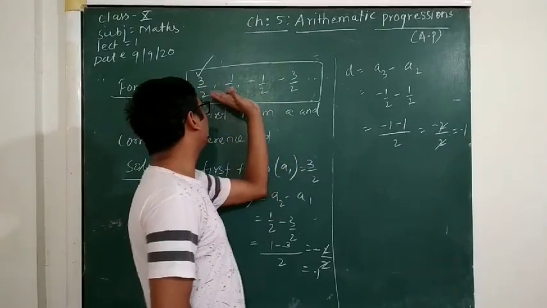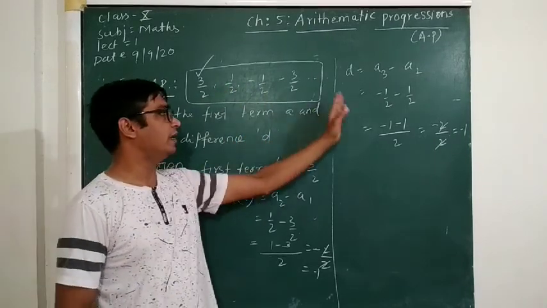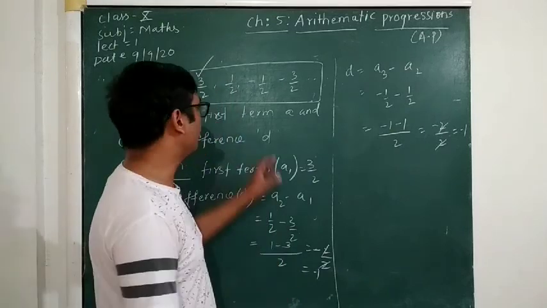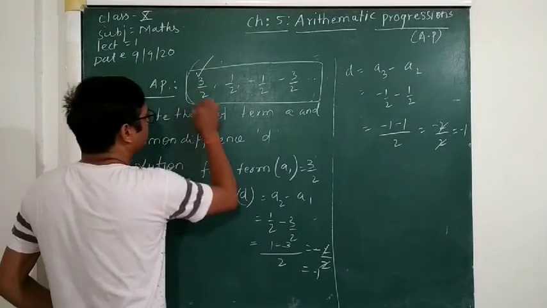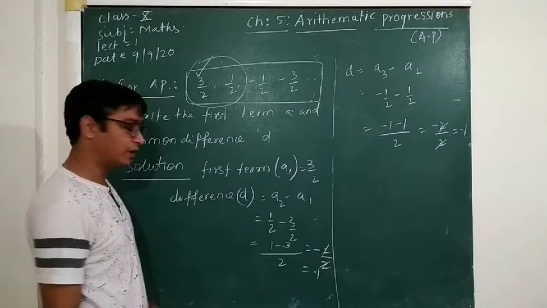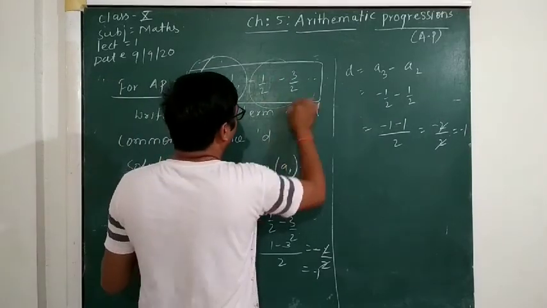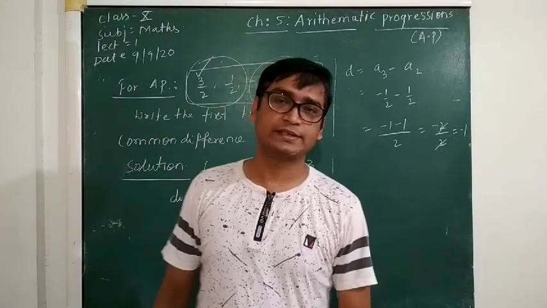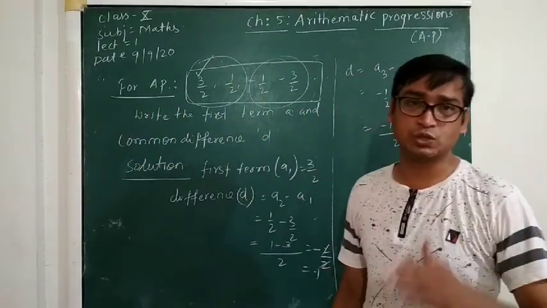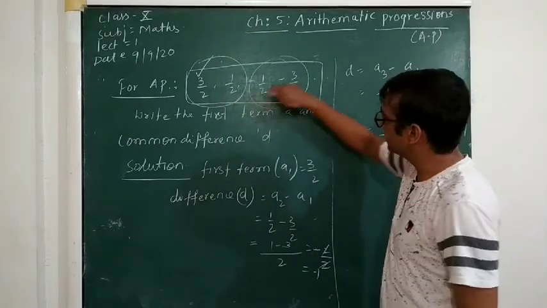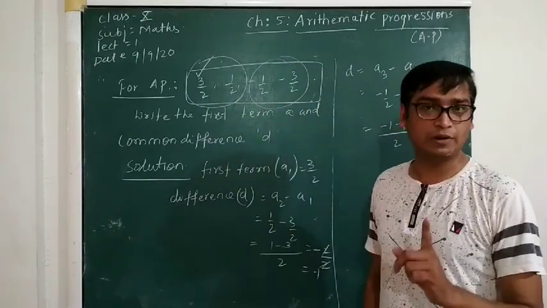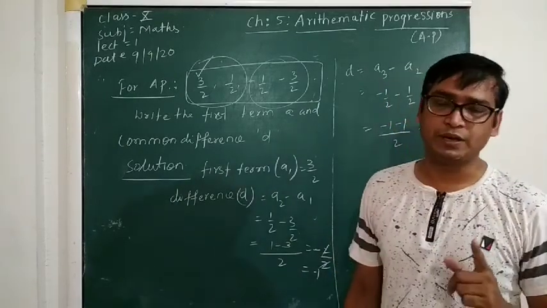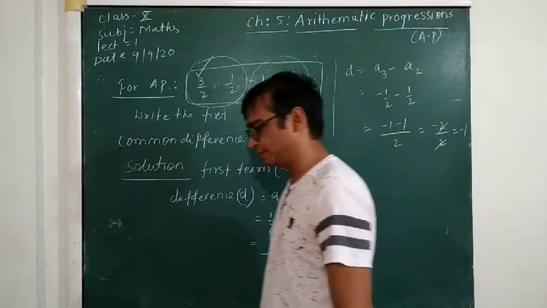You have to see the given data A1, A2, A3 and find the difference among any of the terms. If you find the same difference among these terms, but if you find that the last two terms have a different difference, then you can say that it is not in AP. So the difference among any terms should be equal. Then you can say the given data is in AP, or arithmetic progression.